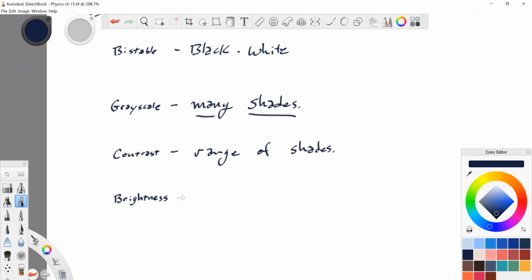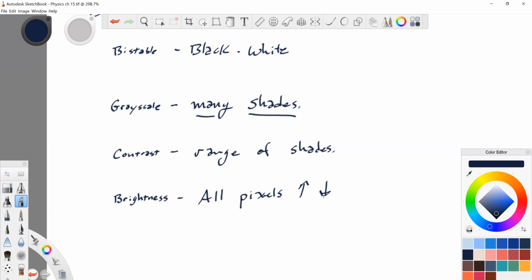And just brightness overall, that's almost like the monitor itself. Perhaps an overall gain, but when I think of brightness, it's not so much the range of shades as with contrast, but all, and I'm not going to say echoes because we're just talking about the screen, pixels are either very bright or not.